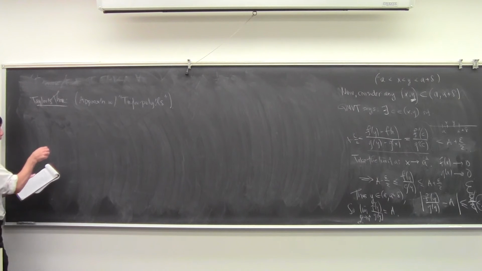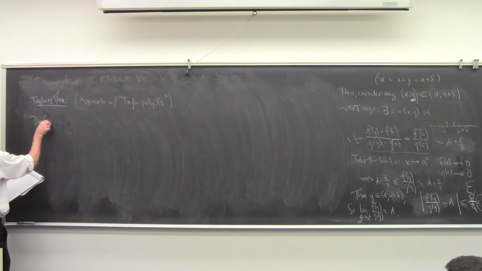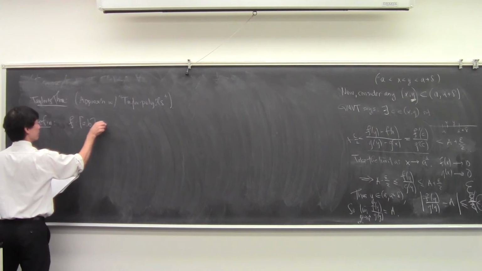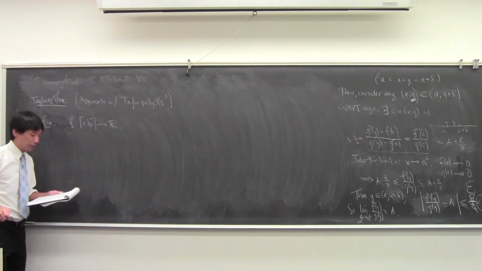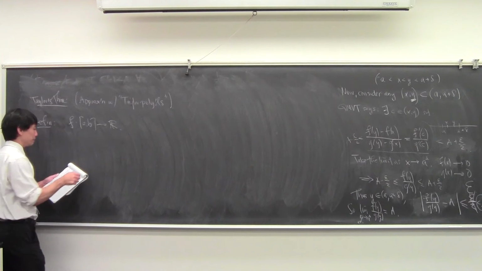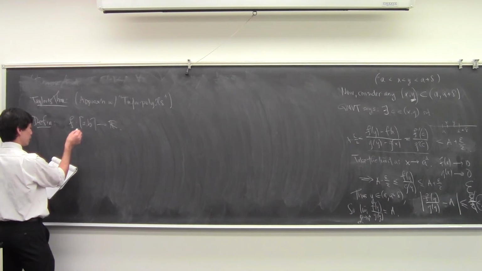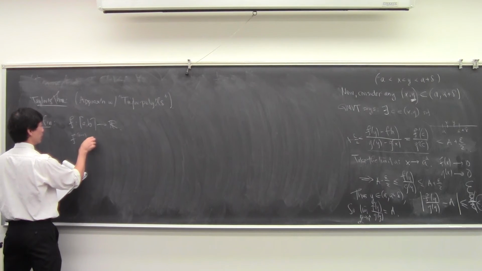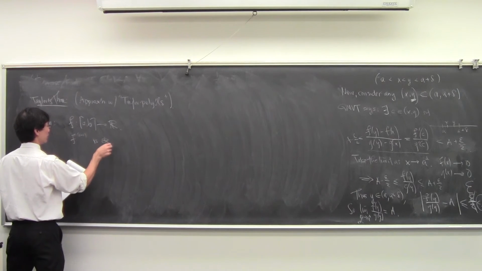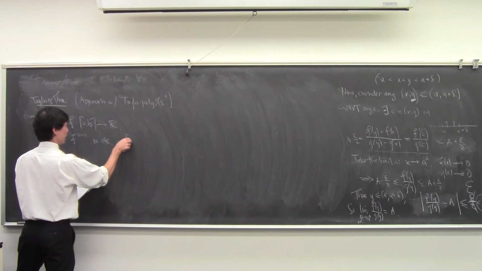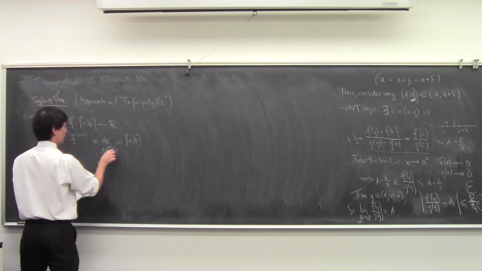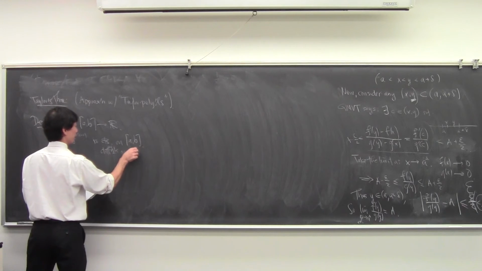Okay. So you have a function, and you know that its n-1th derivative is continuous on [a, b] and is differentiable on the interior.